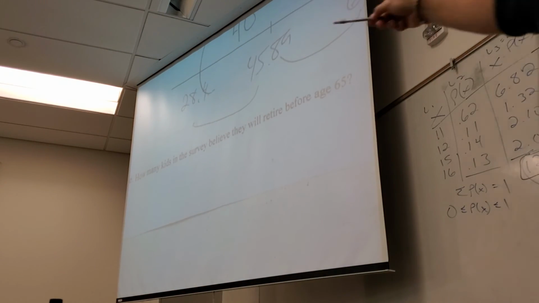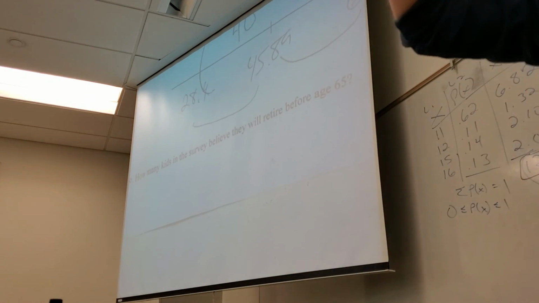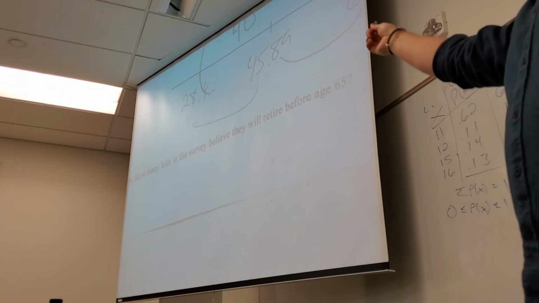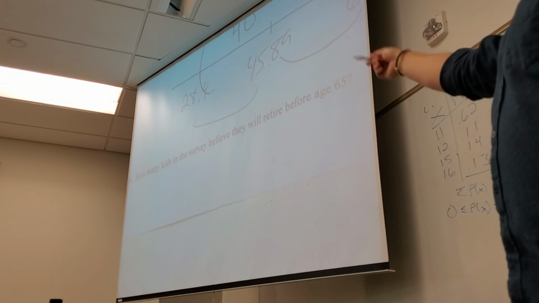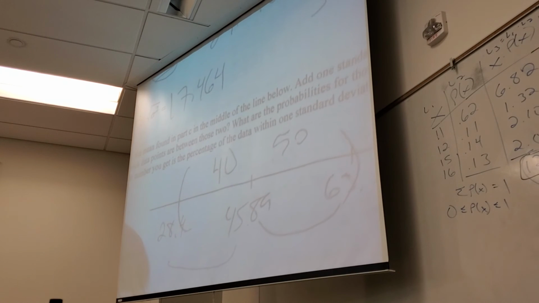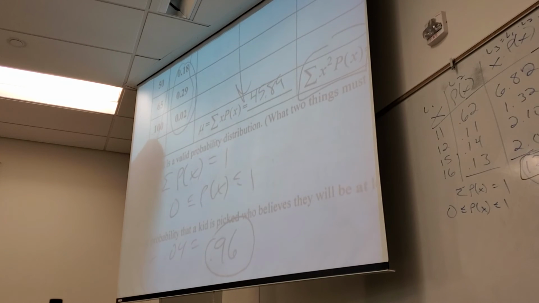So how many kids believe they will retire before age 65? I know how many total kids there were. If I knew the percentage that believe that, I could do the percentage of the total. So what percentage think they'll retire before age 65?